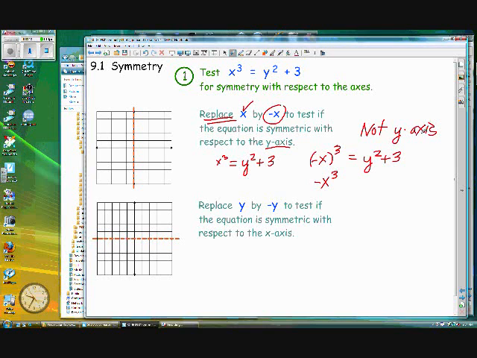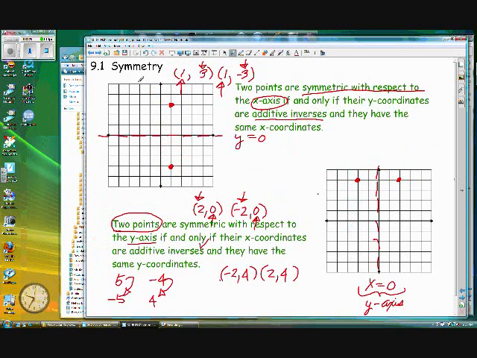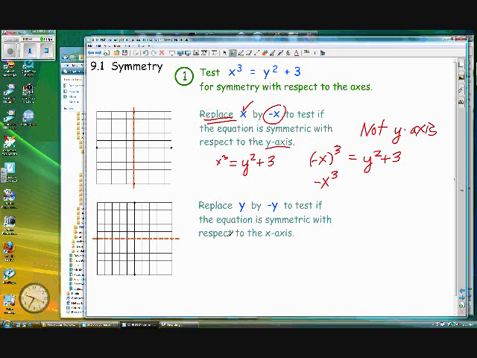All right, so let's test it and see if it's symmetric with respect to the x-axis. And to do this, let's go back a moment. If we're interested in the x-axis, then we try the additive inverses, and we see if we get the same x, or whether it's going to change things. So I've got x cubed equals y squared plus 3. That's where I start.